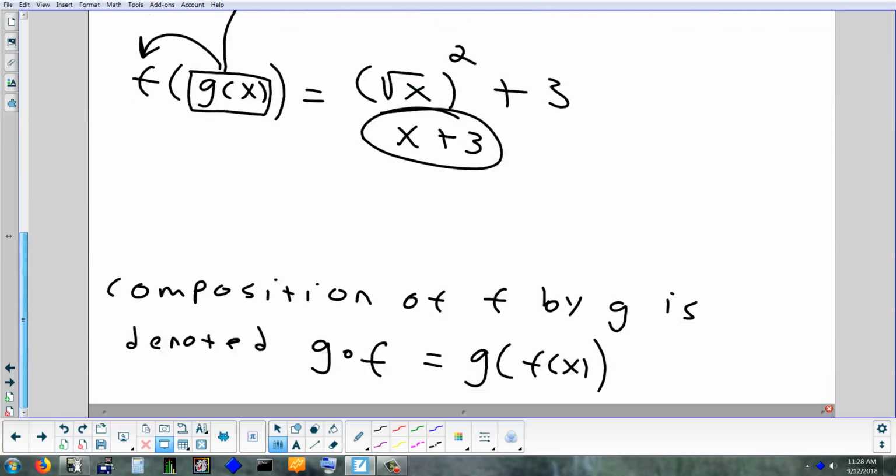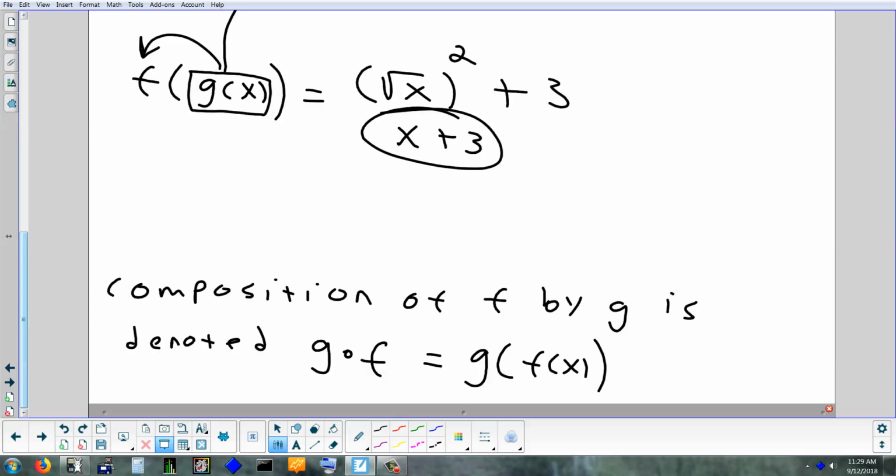Another way you might see this worded, I'm just trying to show you this because sometimes the directions in the book are confusing. So this says, find the composition of f by g. You might see this notation. I think that's confusing because I like to just write it in the order that it's supposed to be.